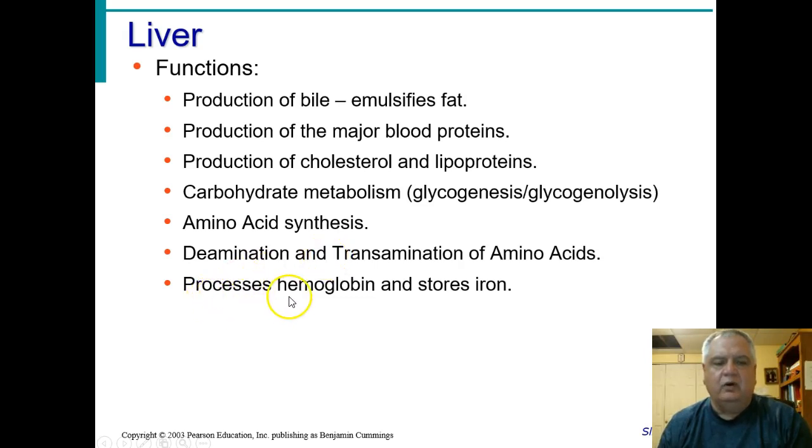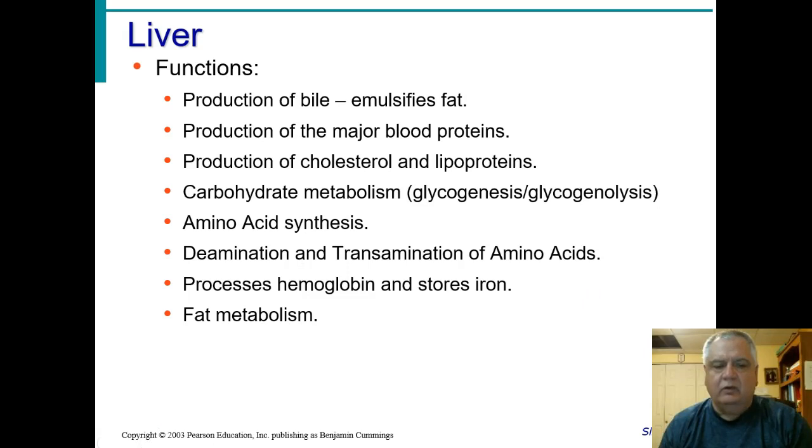The liver also processes hemoglobin, and it breaks down the hemoglobin and retains the iron from the hemoglobin to make more hemoglobin. So when old red blood cells die, hemoglobin is transported to the liver where it's broken down, and the iron part of the hemoglobin is retained.